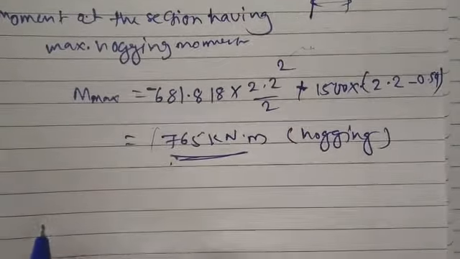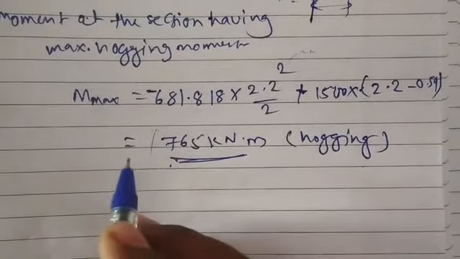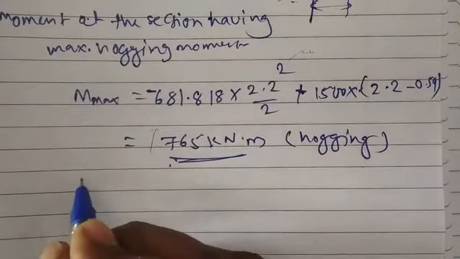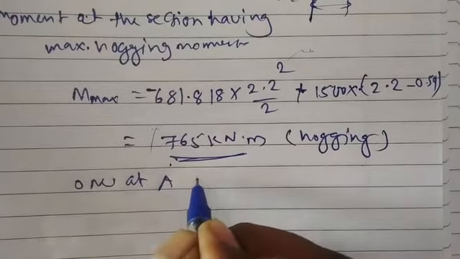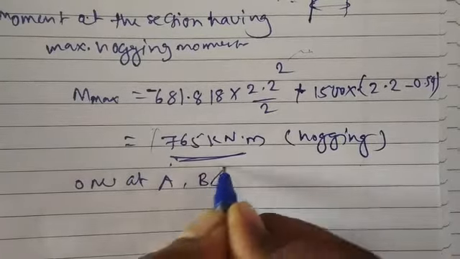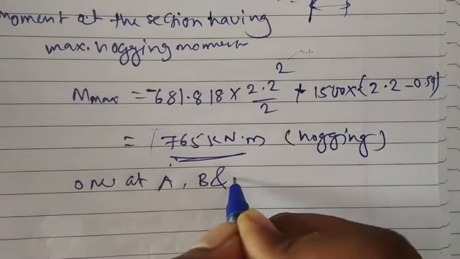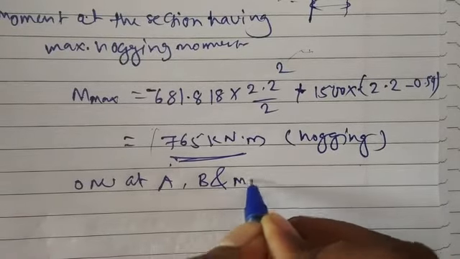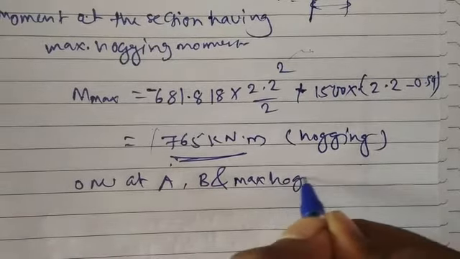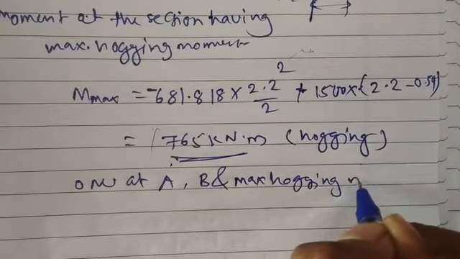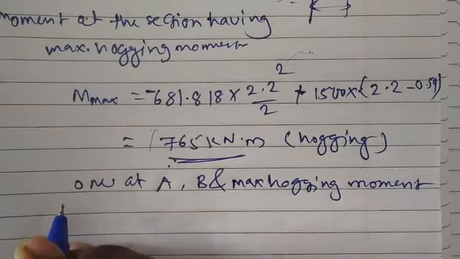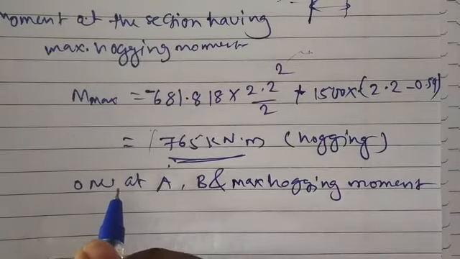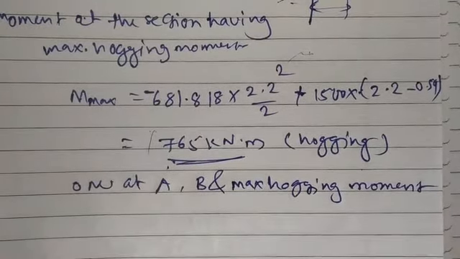Okay, so now we have got three moments, which is one at A, second at B, and third at point of maximum hogging moment. Now we'll see what are the values of moment obtained at A, B, and the third point.